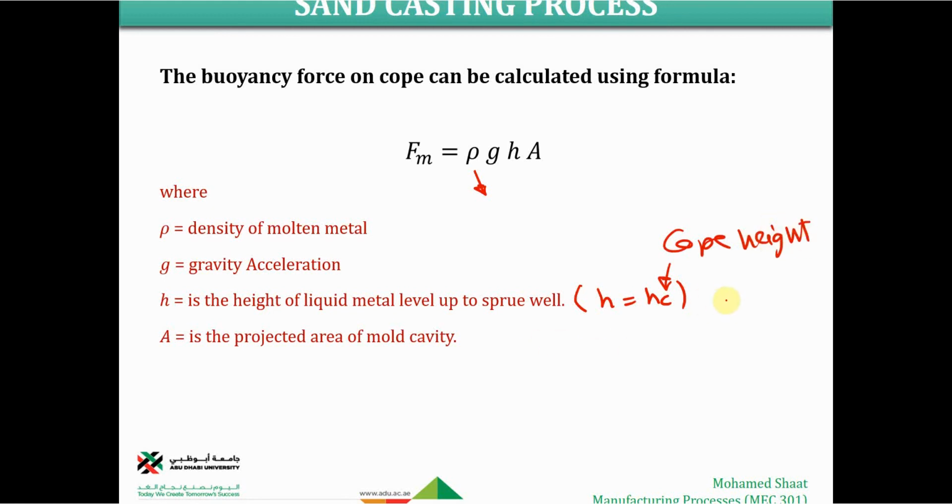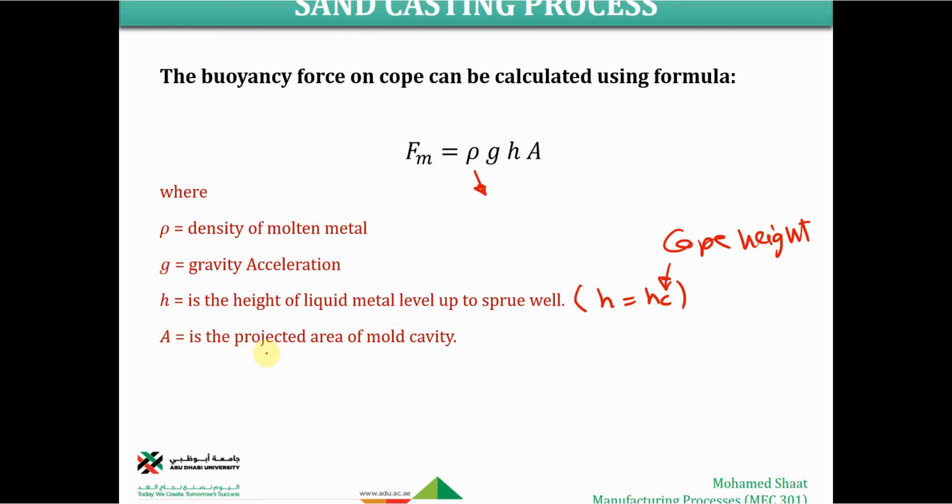In some other more complex designs of the sand mold, this h shouldn't be hc, but we won't consider these complex things. All the design problems of the sand mold that we considered are simple, and in this problem h will equal the cube height.